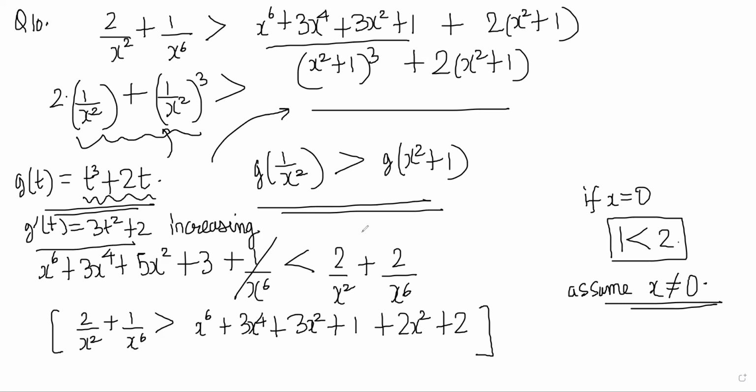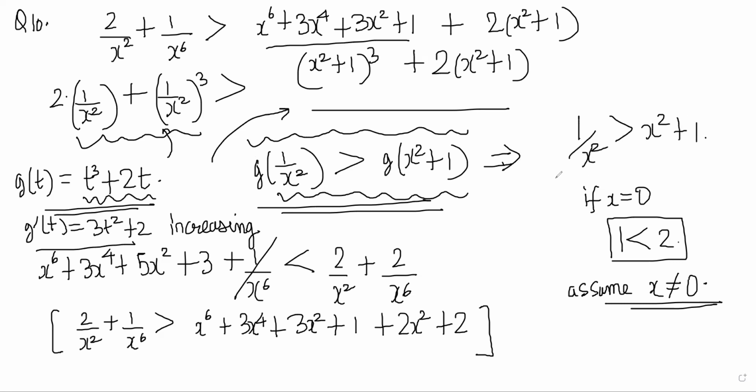Therefore, g of 1 by x square is greater than g of x square plus 1, implies 1 by x square is greater than x square plus 1, right? Because g is increasing and one side g of 1 by x square is greater than g of x square plus 1, right? So that easily solves the inequality for us.